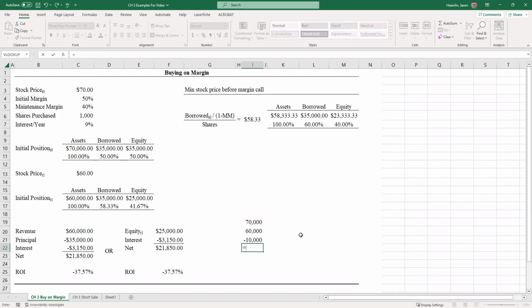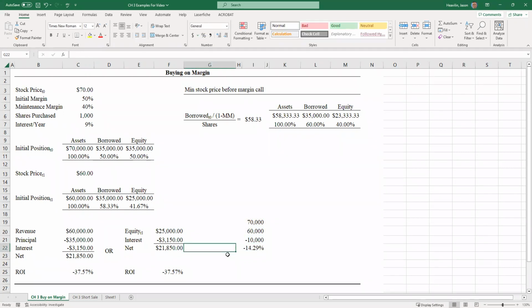So if you take the $10,000, let's do it the other way. We take the $60,000 divided by the 70,000, your new position by your original position, your ROI would have been negative 14.29% because you only lost $10,000.